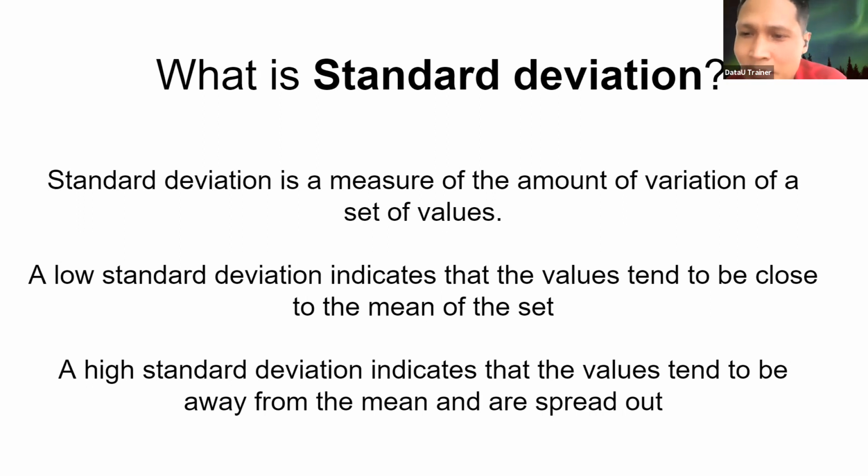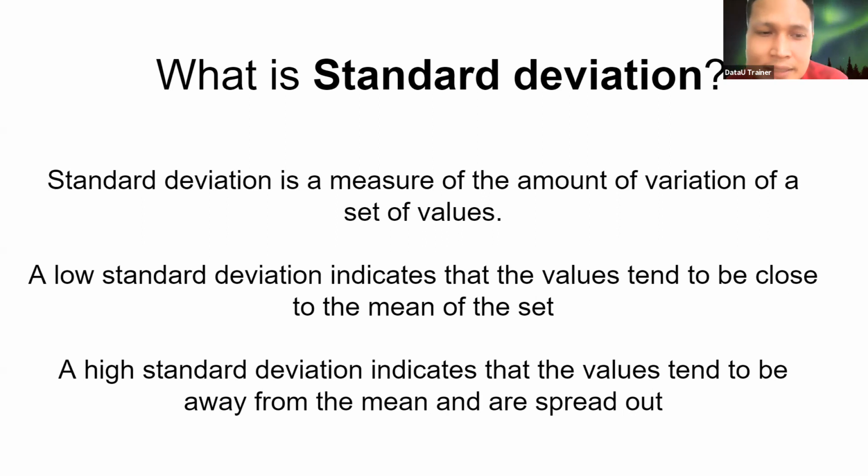Like let's say the campaign is to get a lot of people to buy a product, or the campaign is to get the average age of people in a certain area. And if you have a low standard deviation, that means that, let's say, one area has people that are very close to the same age, right?